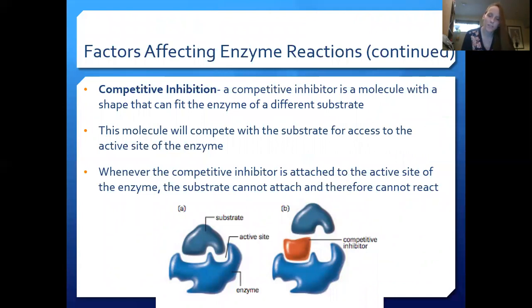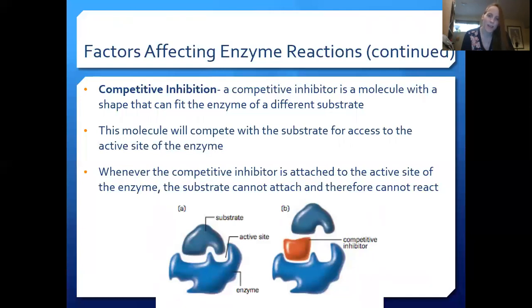There's also a process called competitive inhibition that can affect how quickly enzymes can work. A competitive inhibitor is a molecule that fits into the active site of an enzyme but is not the substrate. Essentially, it competes, hence competitive inhibitor, with the substrate for access to the active site.